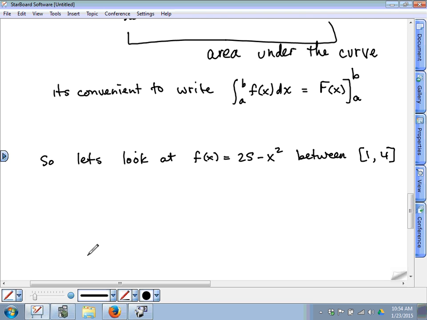We figured out a way to do it using an infinite number of rectangles. But let's find the area between 1 and 4 using the fundamental theorem of calculus. So we're going to take the integral from 1 to 4 of 25 minus x squared dx.